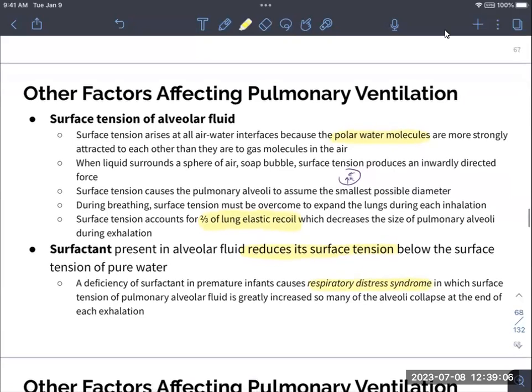It's because their lungs aren't generating this surfactant yet. The surfactant is preventing these alveoli from collapsing. So every time they breathe out, those alveoli collapse, and then they have to overcome that collapsing of those alveoli every time they breathe in, just to get air back into their lungs.